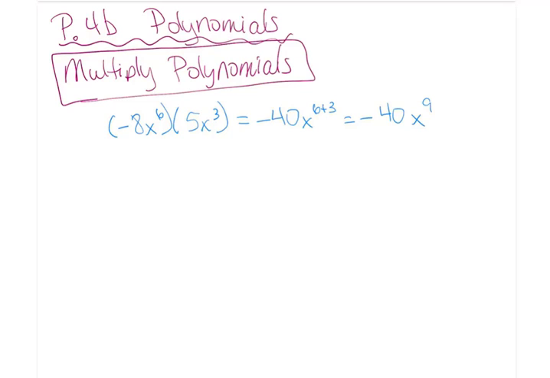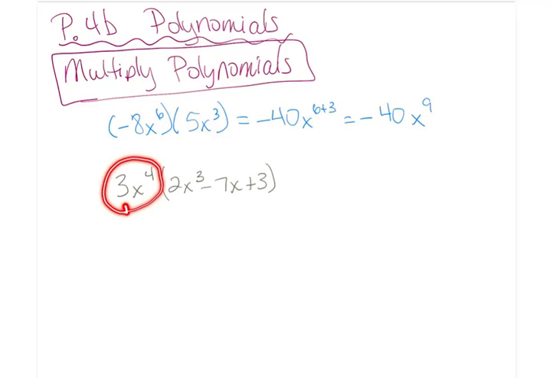So let's try getting a little more fancy. What if we had 3x to the 4th, and then in parentheses 2x to the 3rd minus 7x plus 3. So this here's a polynomial.